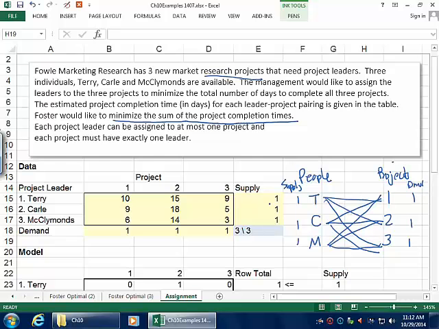We could think of these as like a shipping cost. Terry is 10, 15, 9, and Carl is 9, 18, 5, and it's 6, 14, 3 for McClemens. So you could think of it as sending these people to these projects, but you have 1 for supply and 1 for demand for each.